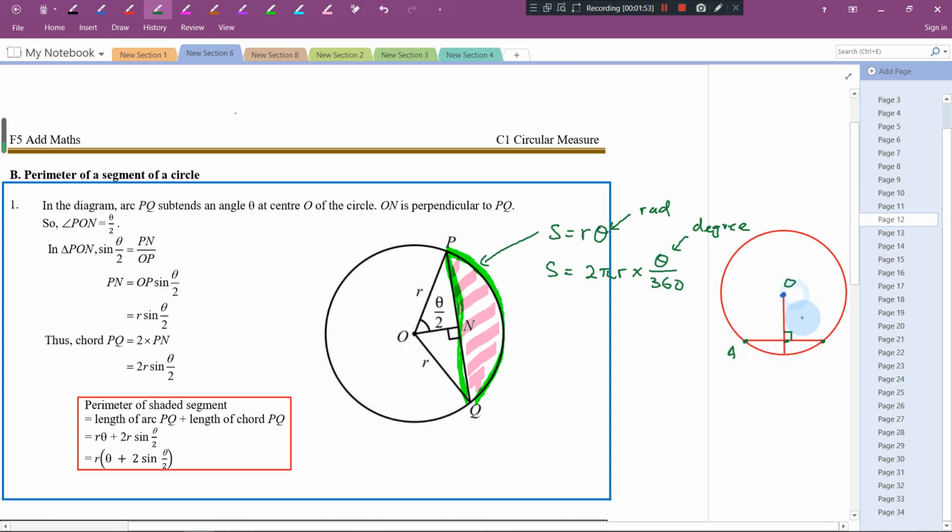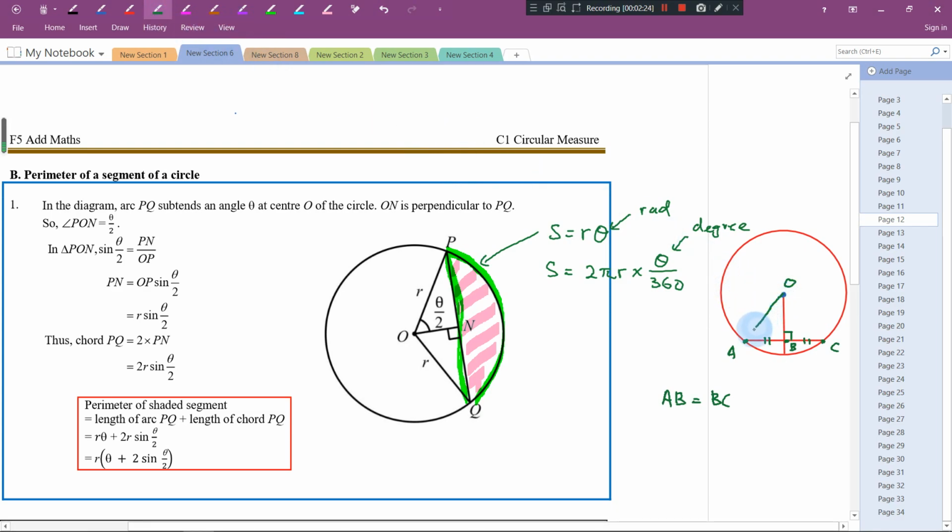This is O, this is A, B, C. The length AB will be equal to the length BC. Now I'm looking for the chord length, which is AC. If I'm able to get the length of BC, then I will be able to get AC. I just take BC times 2, then I get the chord length from A to C.